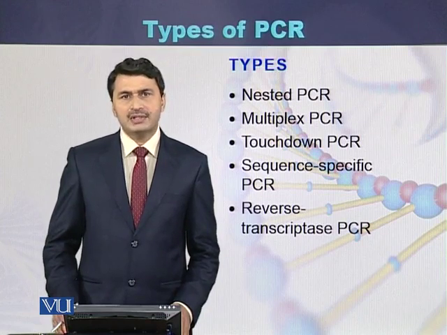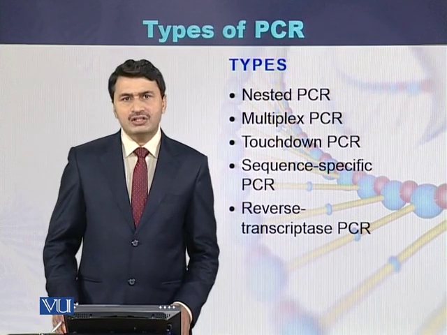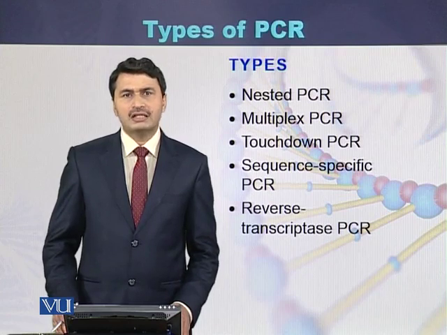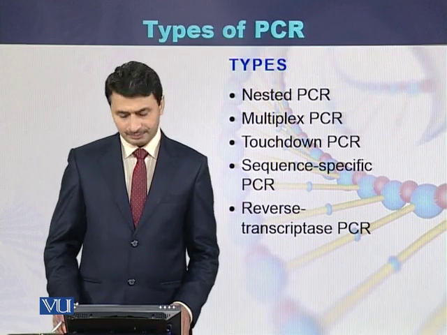Sometimes in multiplex PCR, the primers are fluorescently labeled. In such cases, if the amplicons are of overlapping size, they can be identified due to the fluorescence.